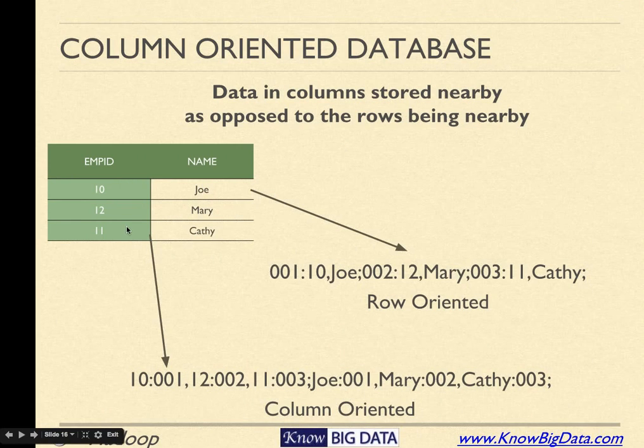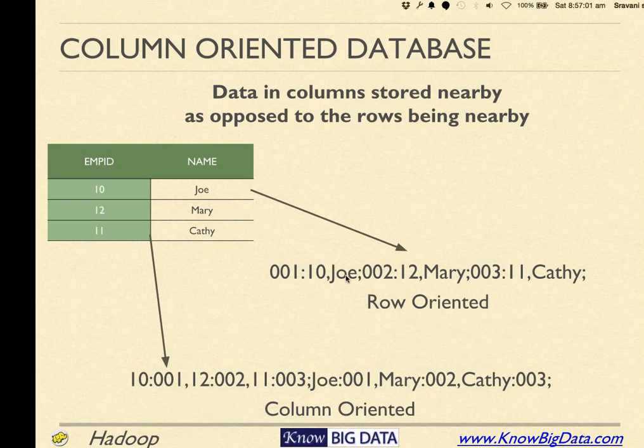So there are only very small differences in the storage. If you look at it here, the total values are the same. 1, 2, 3, 4, 5, right? Here 1, 2, 3, 4, 5. Where did this go? Did we miss something here? This is 10, Joe, 12, Mary, 11, Kathy.